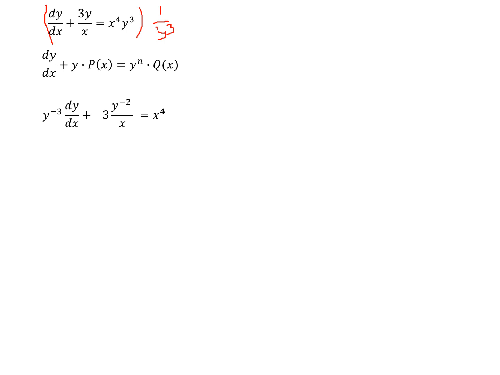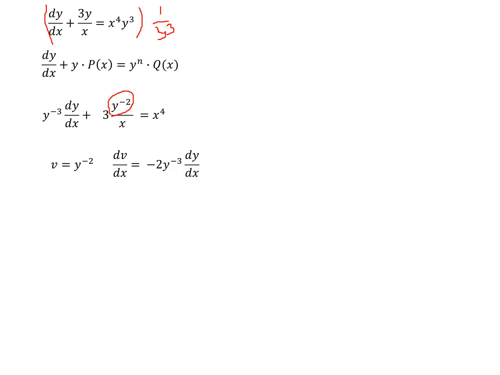This gives you y^(-3) dy/dx + 3y^(-2)/x = x^4. Now the technique here is to let v be equal to y^(-2), then your dv/dx is -2 y^(-3) dy/dx.